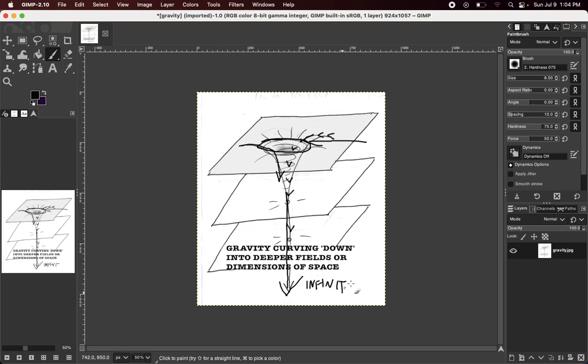I can't really do writing with the mouse, but there we go. Is infinite. And so this is what the math says, except we're only allowing it for things like a black hole. But this is curving into infinity, right? And so when we talk about a black hole, we say it curves to a singularity, which is a point of infinite density.